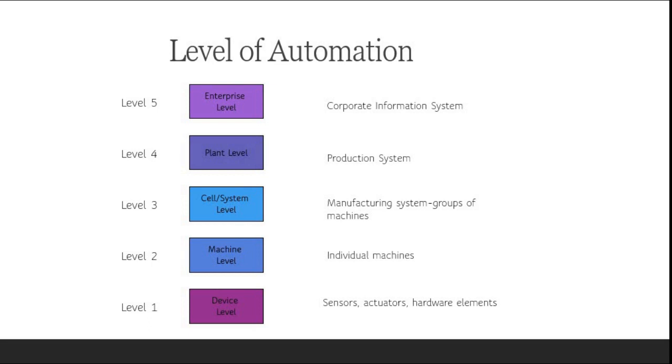And we realize at this point that the level of automation itself does not necessarily involve physical devices. A production system, for example, can be automated in terms of automating the inventory control.